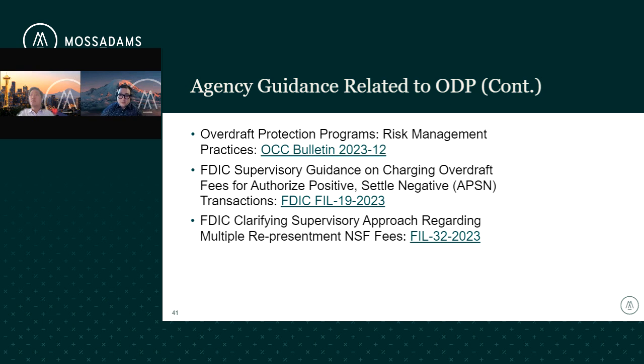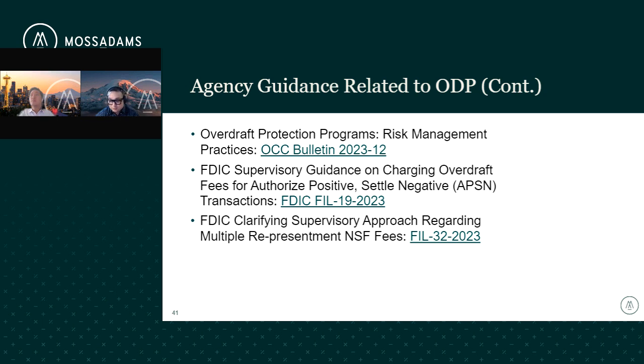In 2023, the OCC published their first formal set of guidance since the original 2005 interagency guidance, which closely mirrored both the 2010 FDIC guidance as well as some of the recent publications by the other agencies. Then in 2023, the FDIC published guidance on authorized positive settled negative transactions, or APSN, following the CFPB's lead, and then additional guidance on represented items.